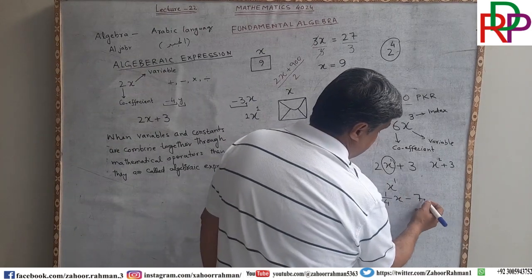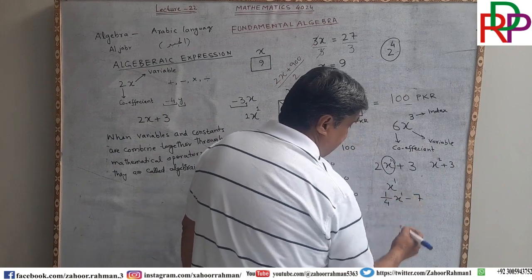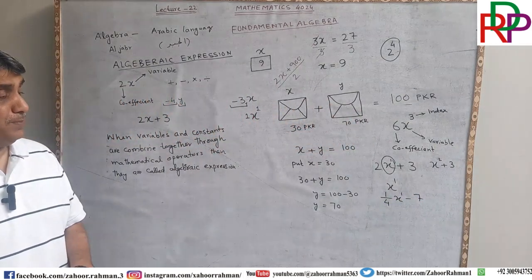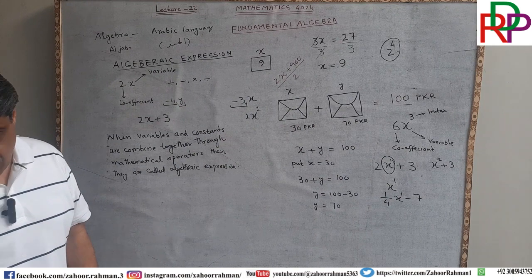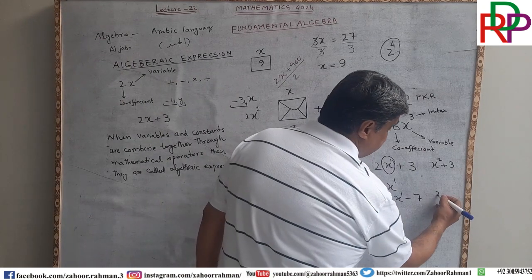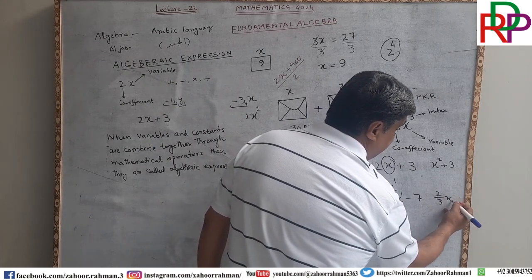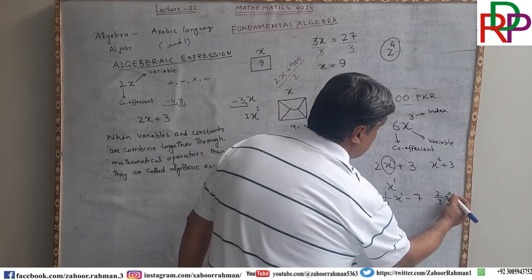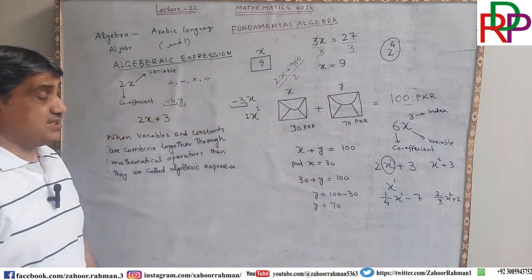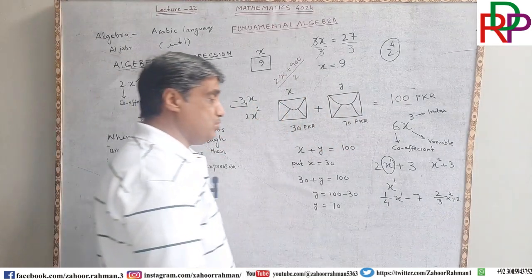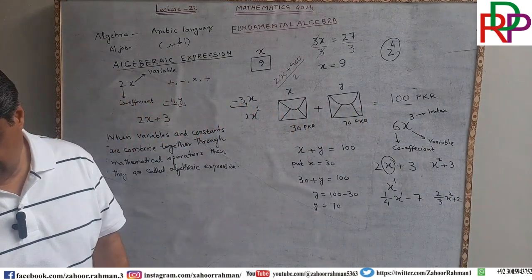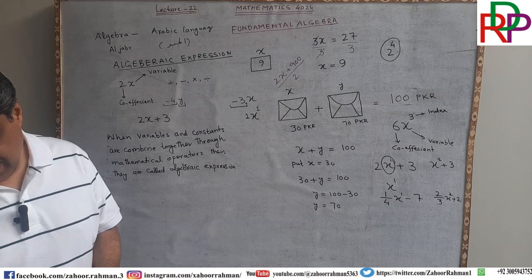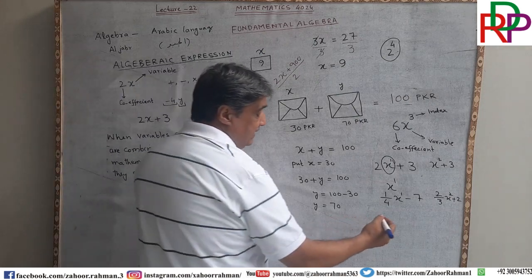This is a linear equation because here also the index of x is 1. 2 over 3x plus 2 square, 2 over 3x square plus 2 is not linear. This is a non-linear expression.